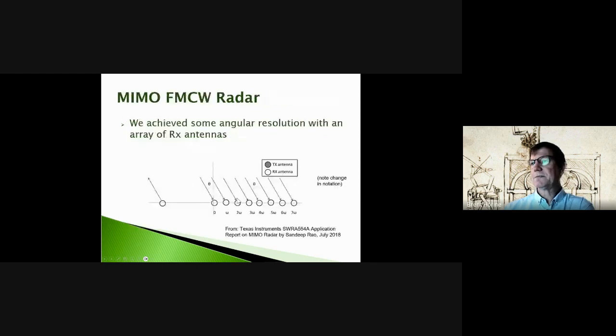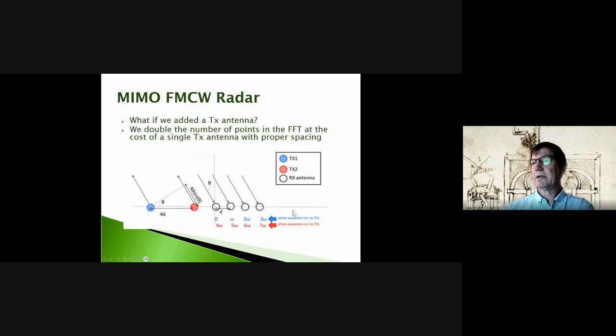Here we had 8 receive antennas and 1 transmit antenna, and we went from 0 to 7 omega. Here we have 2 transmit antennas and 4 receive antennas, but here these are spaced at 4D. Well, in my notation, that would be 4L, whereas these are still spaced at D or L spacings, right?